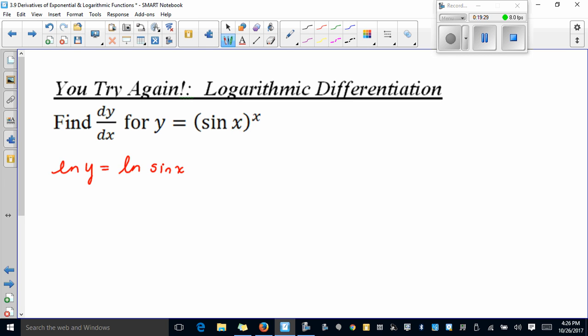Second step is to take my power and move it in front of the natural log. So I have natural log of y equals x natural log of sine of x. Take the derivative of natural log is 1 over y, and since it's y, we have to write dy dx equals, and then we have our side work.